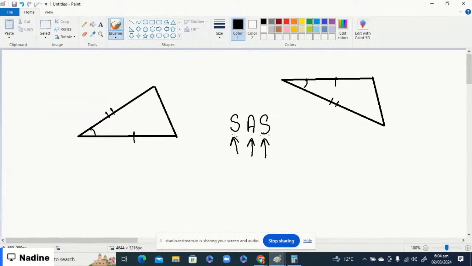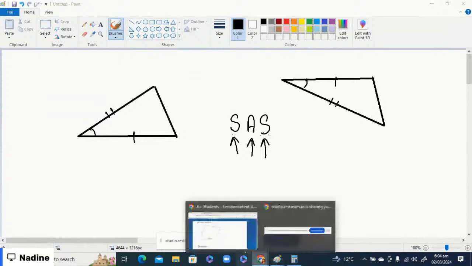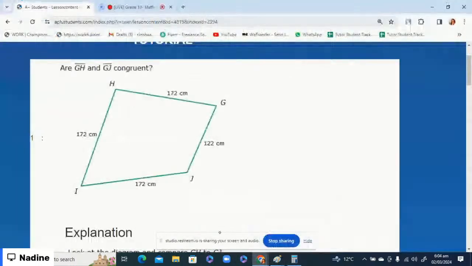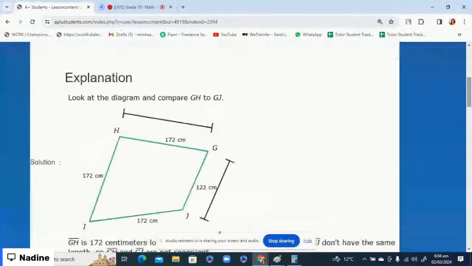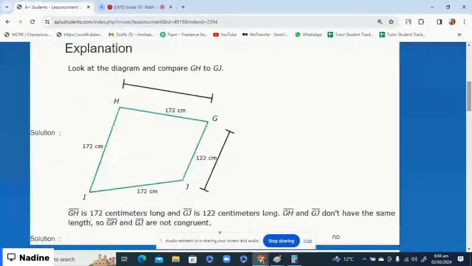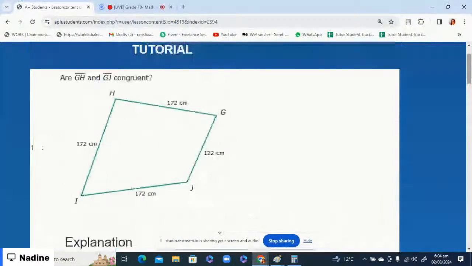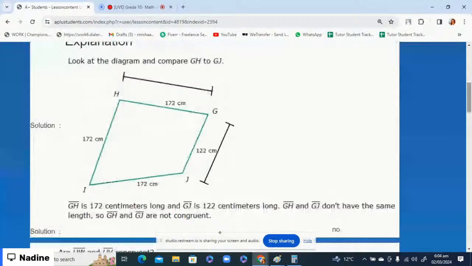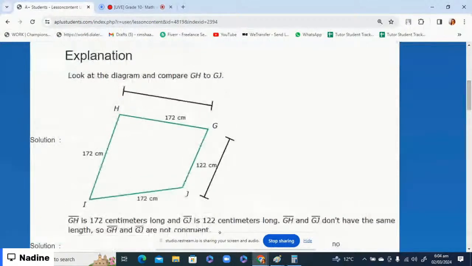Okay, now let's do that one. Here is the shape. Look at the diagram and compare GH and GJ. G and H is 172, the length of this side is 172, and G and J, the side length, is 122. Are these both the same?